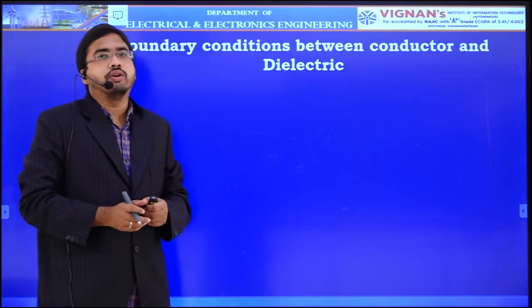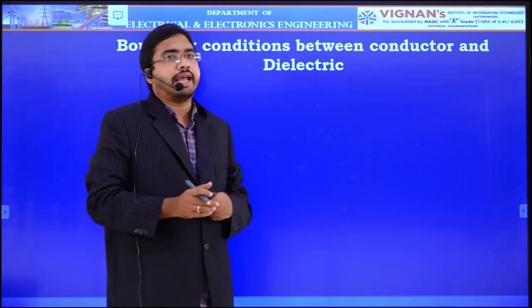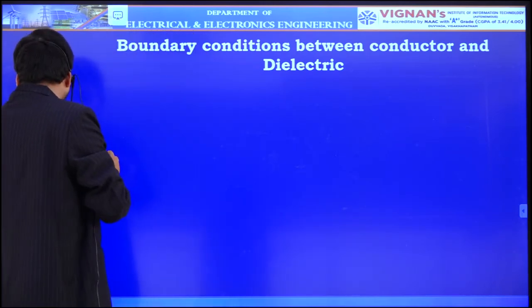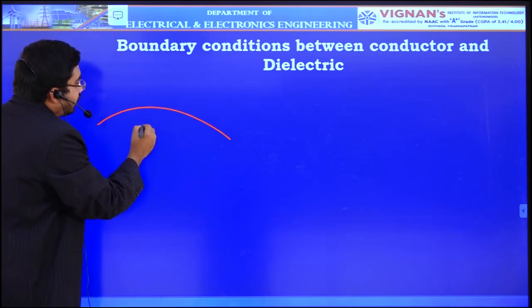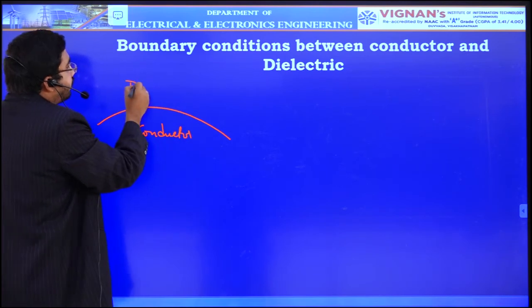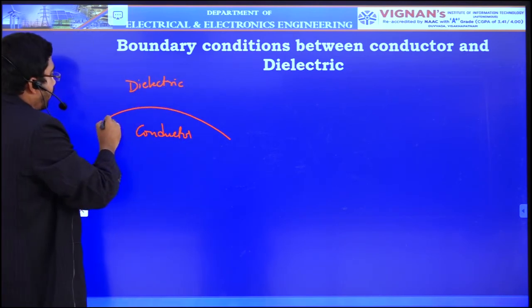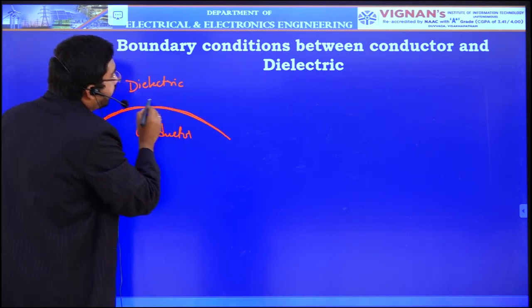Now we are going to see the boundary conditions between a conductor and dielectric. That means here there is a conductor below and there is a dielectric above. So you are considering the boundary between the conductor and dielectric.